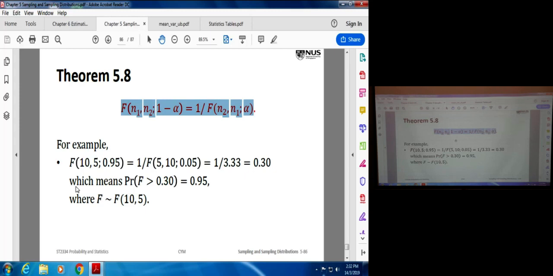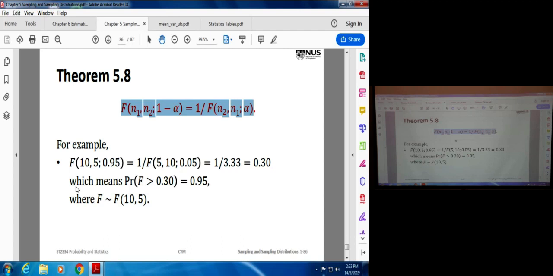Now this is the PDF of 1 over this random variable. The PDF doesn't look the same, but this is the PDF of an f random variable with n2, n1 degrees of freedom.